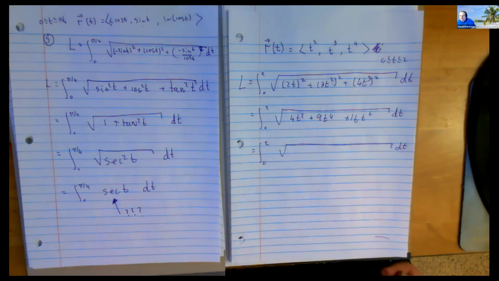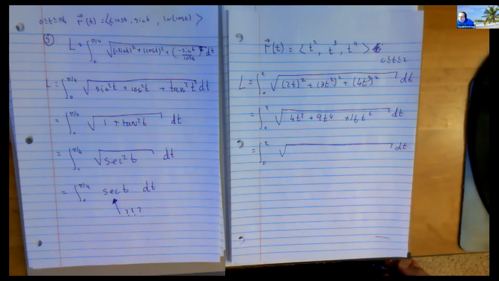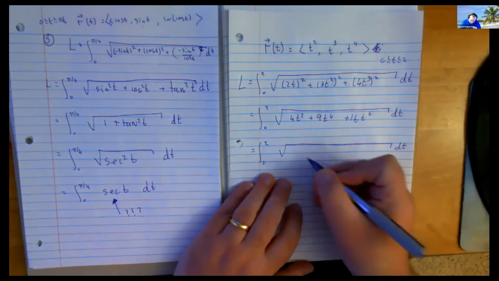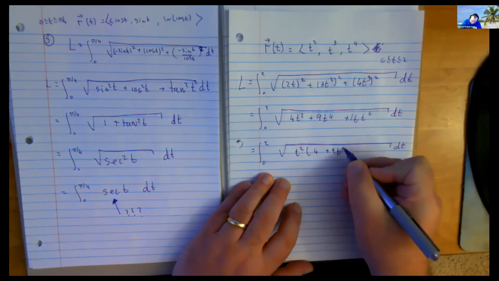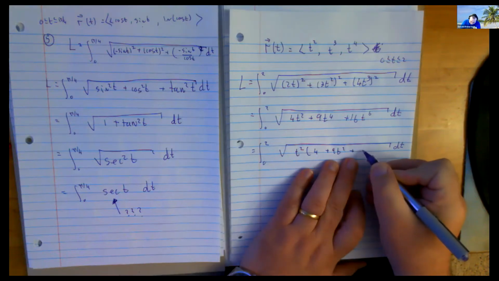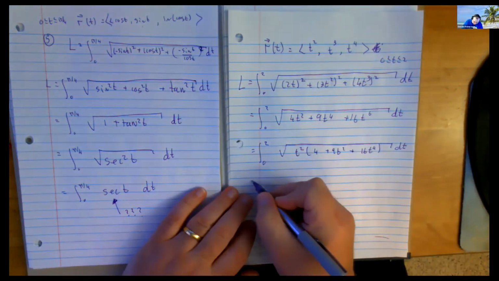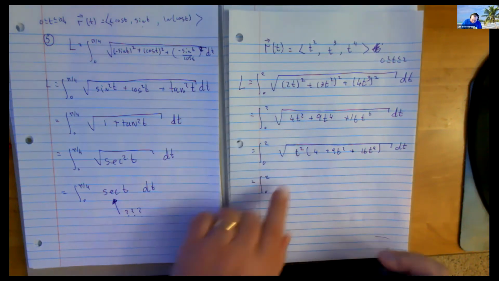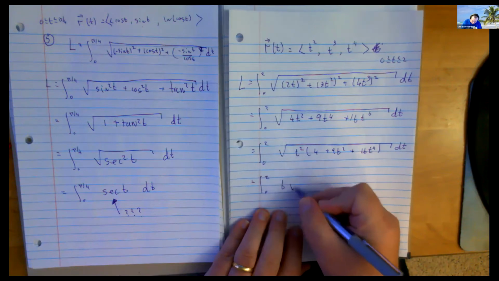It does have 3 terms in it, but it's not a perfect square. I can tell you that right now. But do you notice that they share a common factor of t squared? So I would pull out the t squared. I could then separate that as the square root of this and that, and I'd end up with this fella.